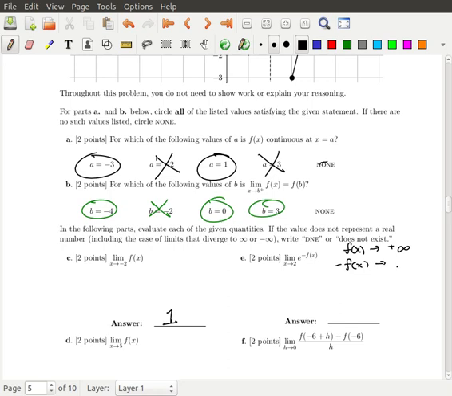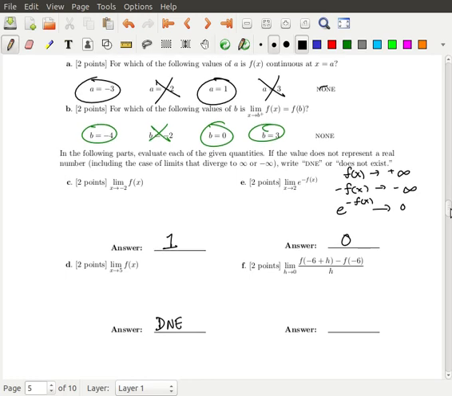Well, it's going to go off to minus infinity. And if a number, like e, is being raised to values that are getting more and more negative, going off to negative infinity, this exponentiation is going to go off to 0. So the limit is 0.